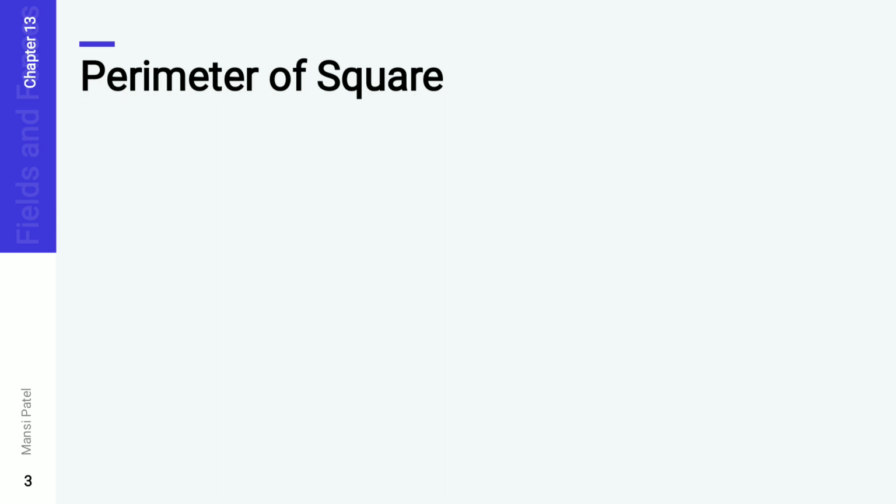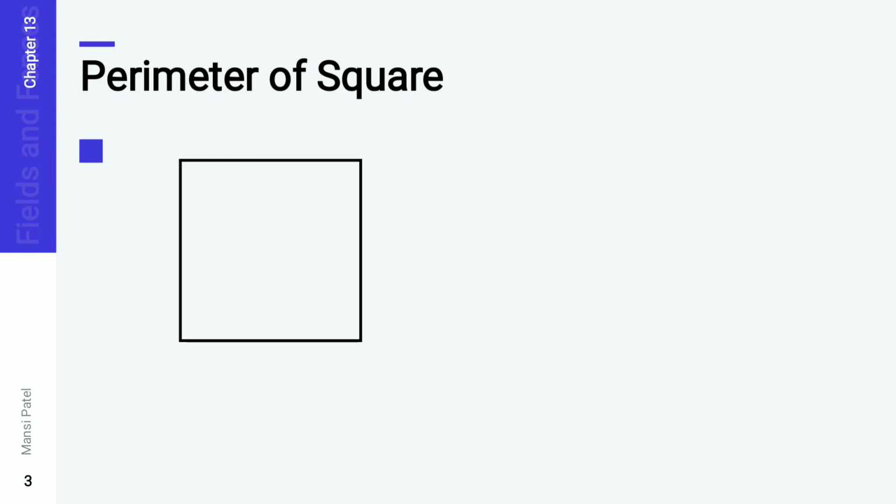So how do we find the perimeter of a square? You can see here this is one square, and in a square all the sides are the same. So these are all the sides of the square, and the measurement of all the sides is the same.